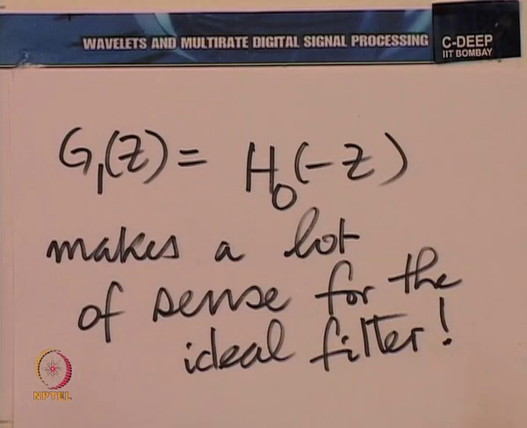And if you look back at the other one of the two, namely G 0, you would make a similar inference. G 0 z is H 1 of minus z with a minus sign. So, if you look at the magnitude sense, again a high pass filter would become a low pass filter. In fact, I leave this to you as an exercise.